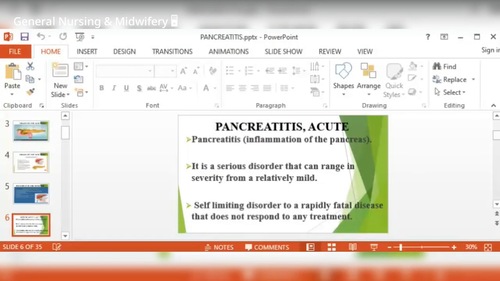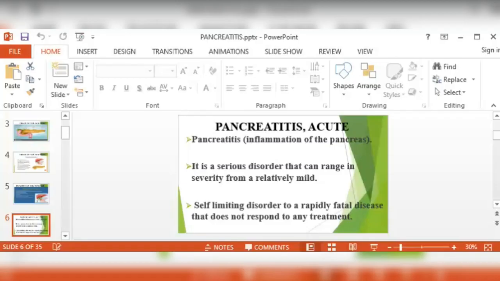So we have acute pancreatitis, and then we have the chronic pancreatitis. When you say pancreatitis, it simply means the inflammation of the pancreas. So let's talk about acute pancreatitis.